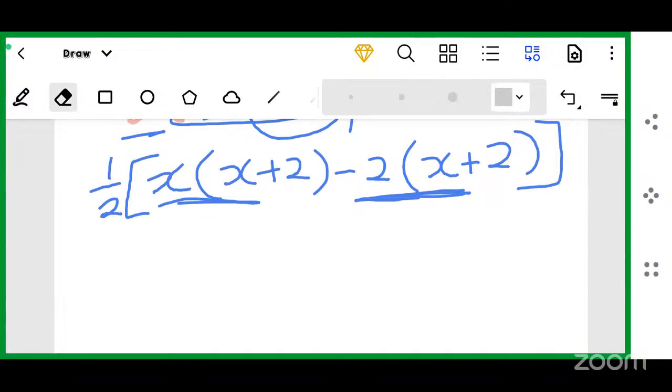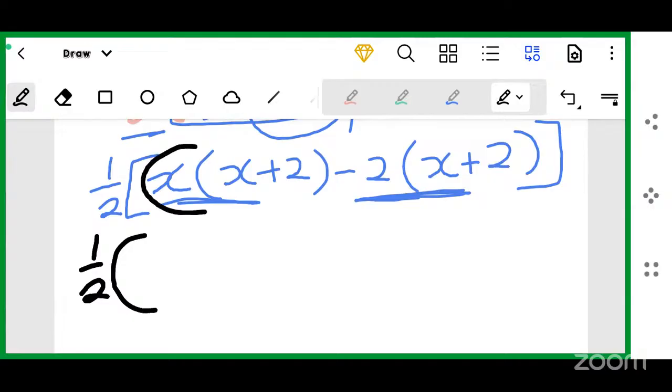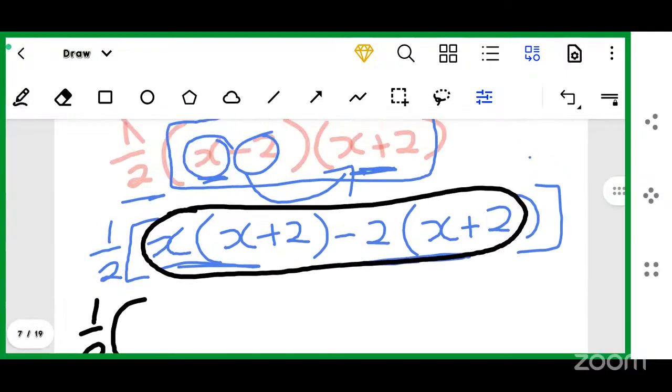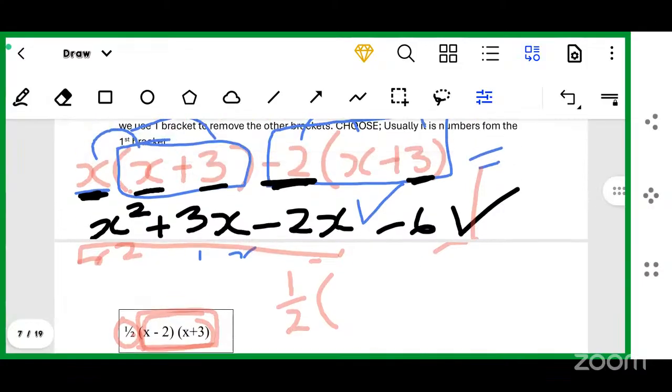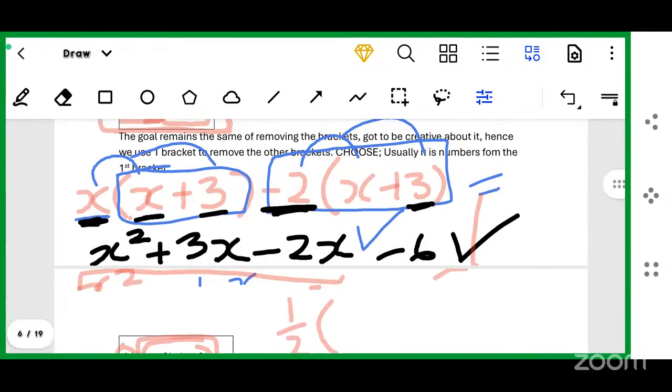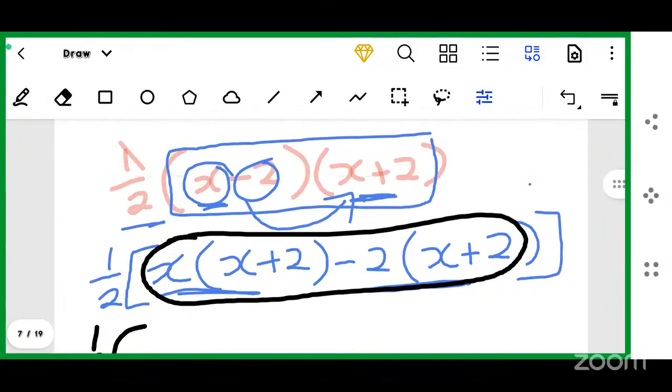So now we have this 1/2 here. Let me just open up my bracket. We're going to work this out how we did it up here. So don't be confused by seeing the brackets.